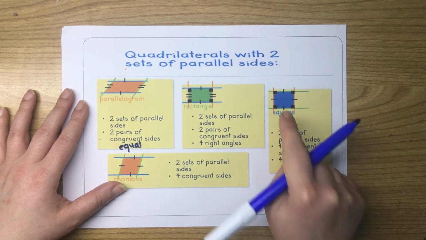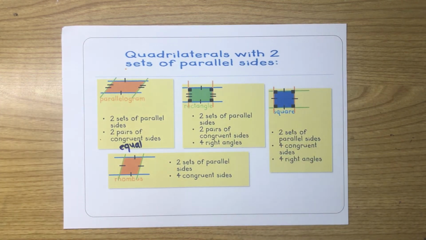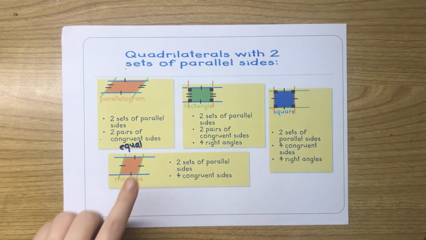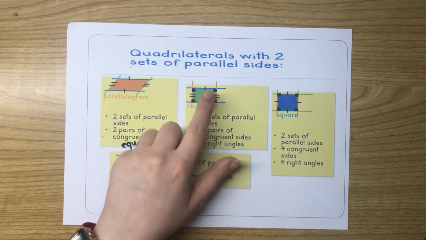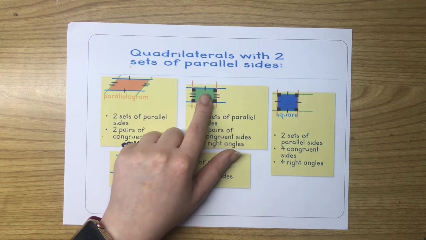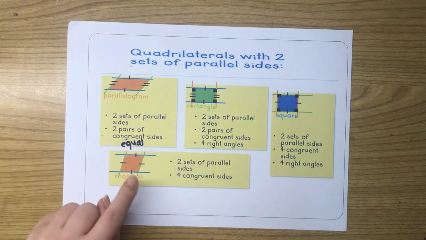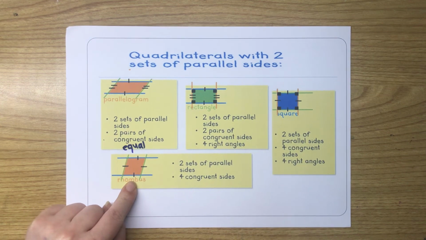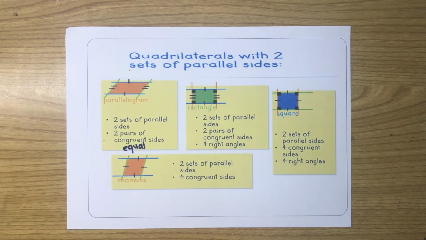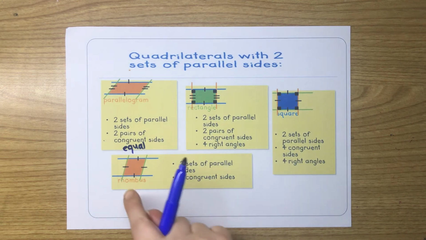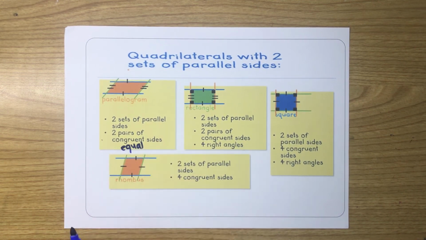That's why the square is the only regular quadrilateral, not the rhombus, not the parallelogram, not the rectangle, because in the rhombus's case the four sides are equal but the angles are not all the same, only the opposite angles are equal.